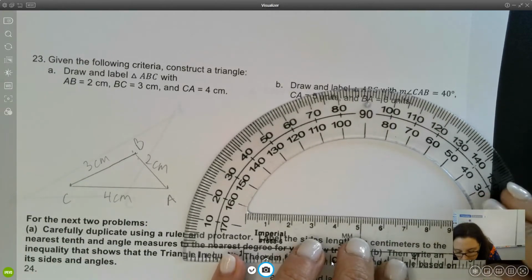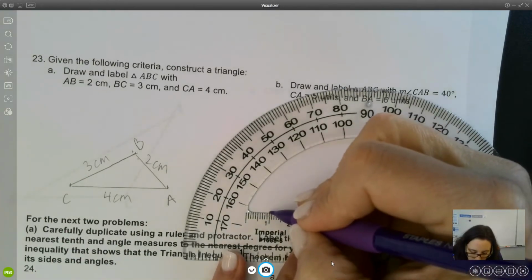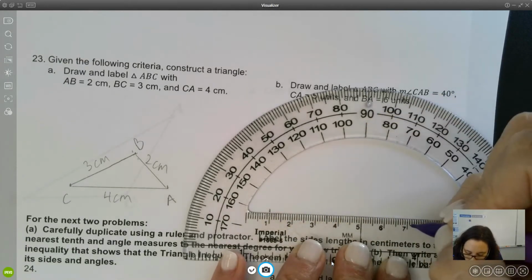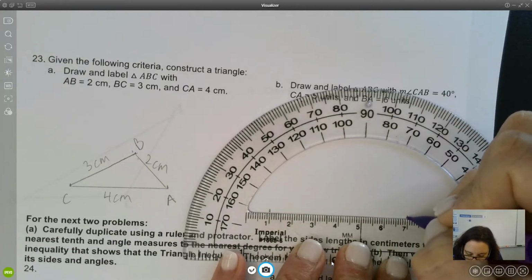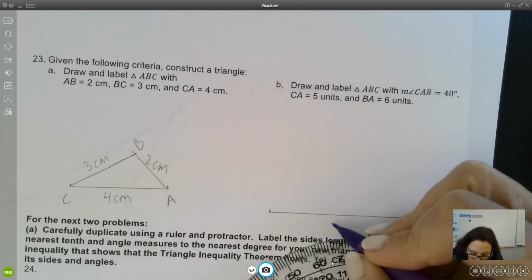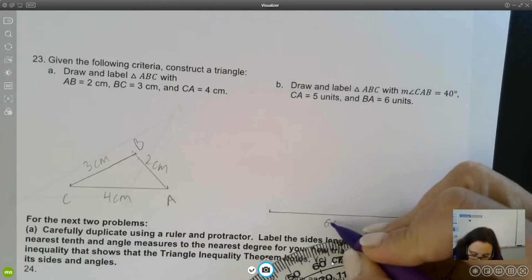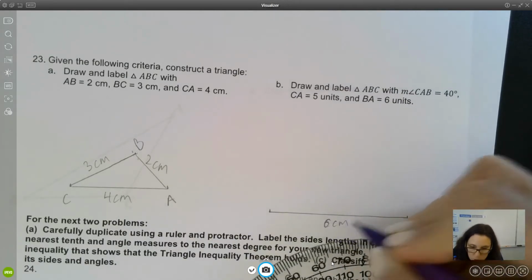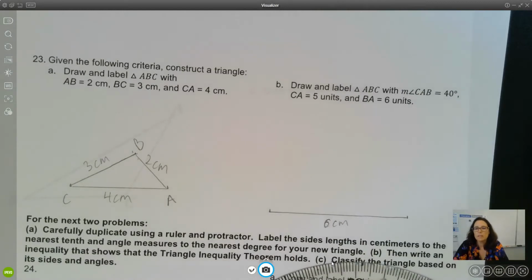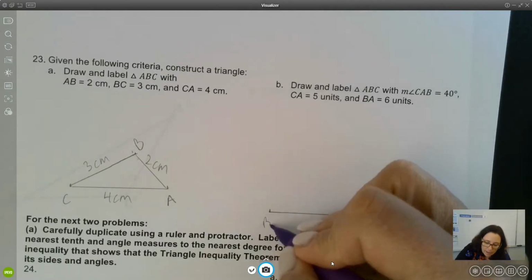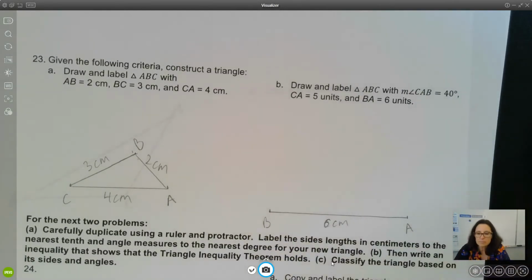I'll go 1 to 7, and that measures 6 centimeters. So that's BA, 6 units, 6 centimeters, same thing.